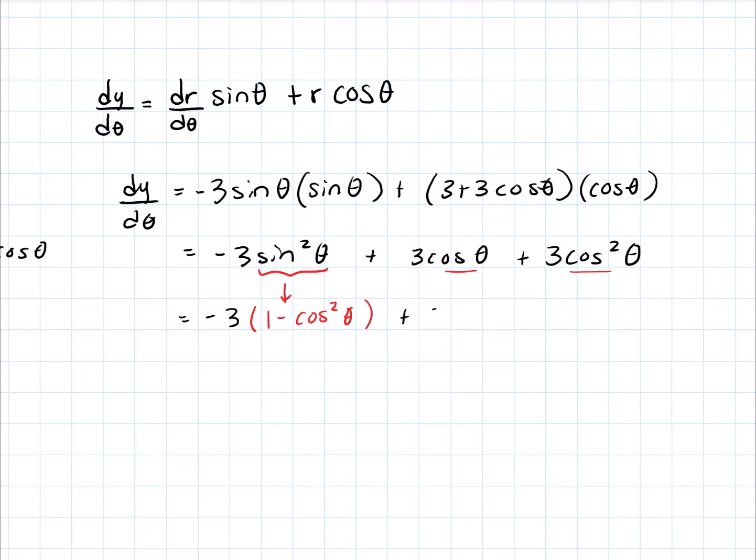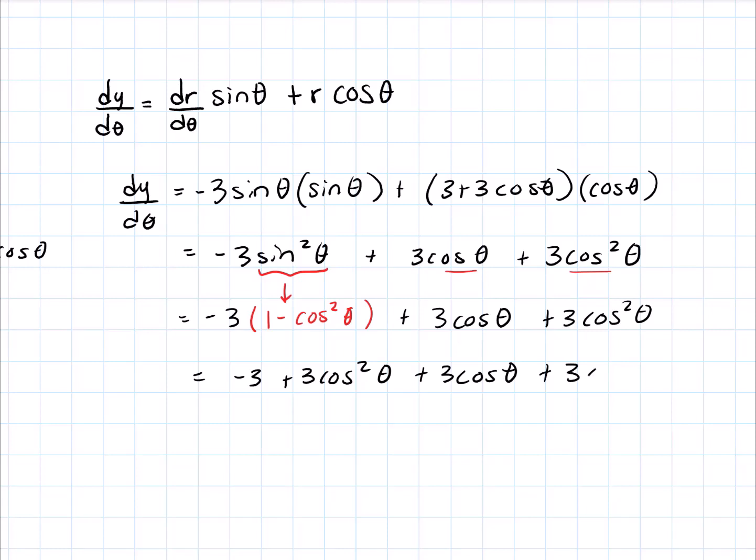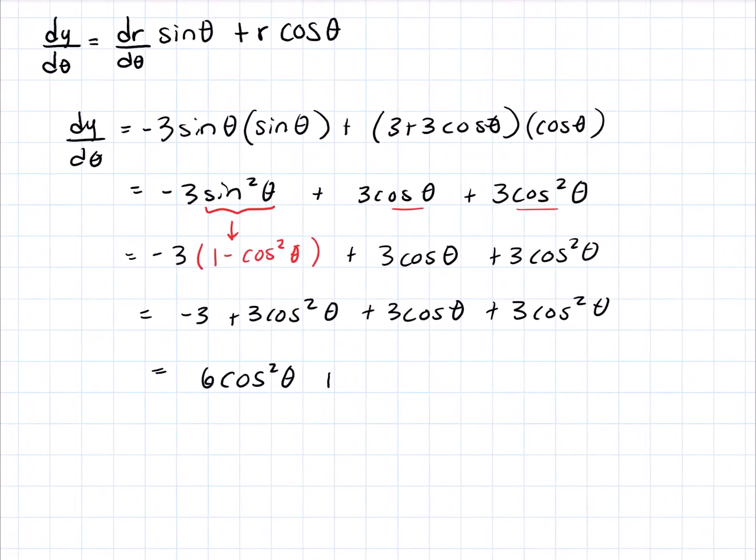Again, working with some trig simplification, seeing what we can get here. Minus 3 plus 3 cosine squared of theta plus 3 cosine theta plus 3 cosine squared of theta. And what do we end up with there? 6. We get a quadratic in cosine. 6 cosine squared plus 3 cosine of theta minus 3.